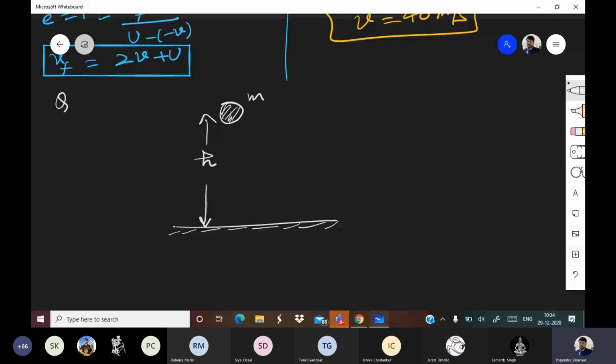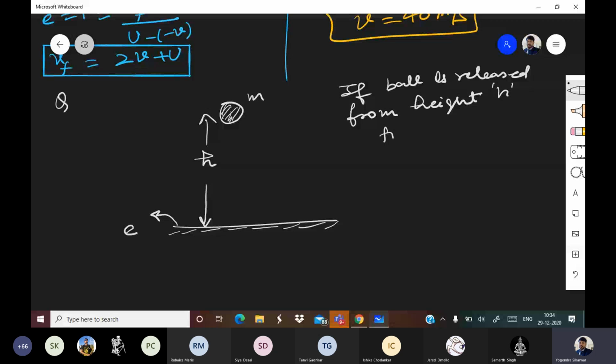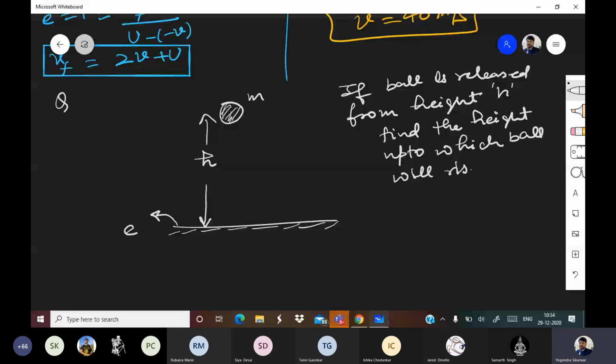Mass of ball is m and the collision has coefficient of restitution E. If ball is released from height h, find the height up to which ball will rise after colliding with ground. Okay. So please find.